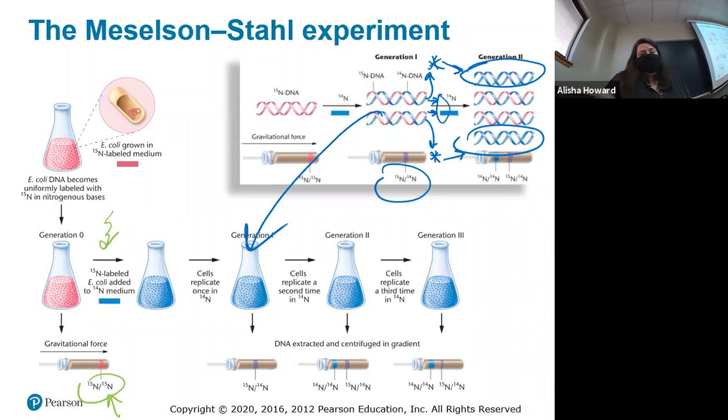But for the middle ones, when you pull them apart, I already used the blue, so now you have pink as the parental strand. Here's the pink, here's the pink. The new one is still going to be blue, since we still have N14, so you have a mixture of pink and blue.